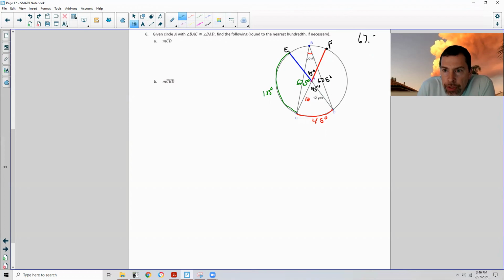And 67.5 and 67.5 is 135 degrees. I made a mistake. This is not half, it's equal. It's a central angle. That made no sense. This is 135 degrees. Okay, so this is 135. 135 and 135 is 270 plus 90 is 360. Okay, that makes sense. So this section here, this arc is 135 degrees as well. Okay, so this whole thing is 45 degrees.